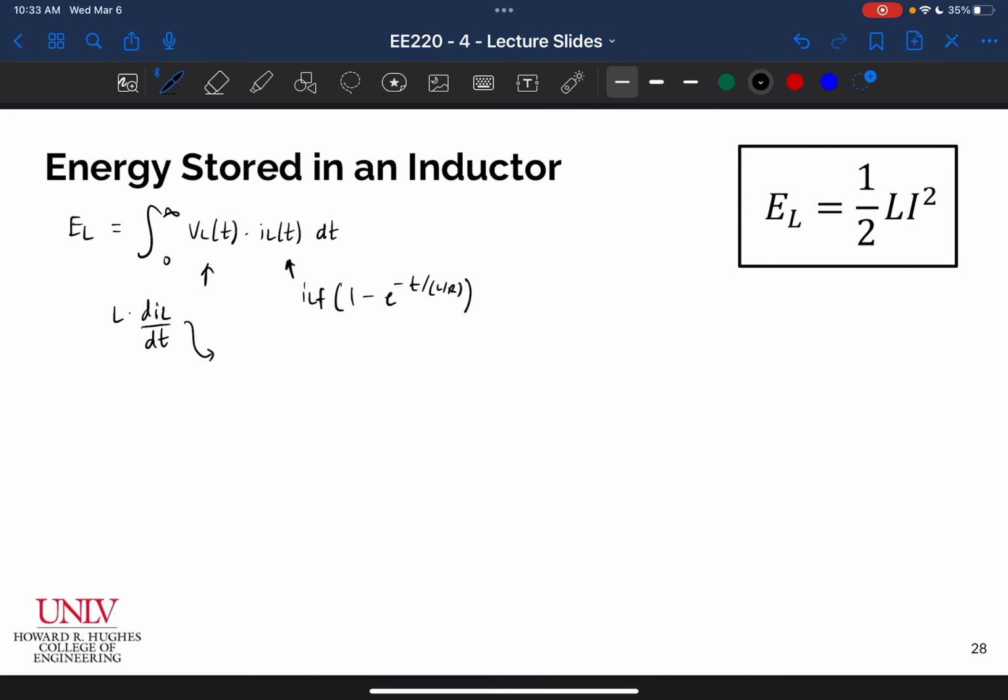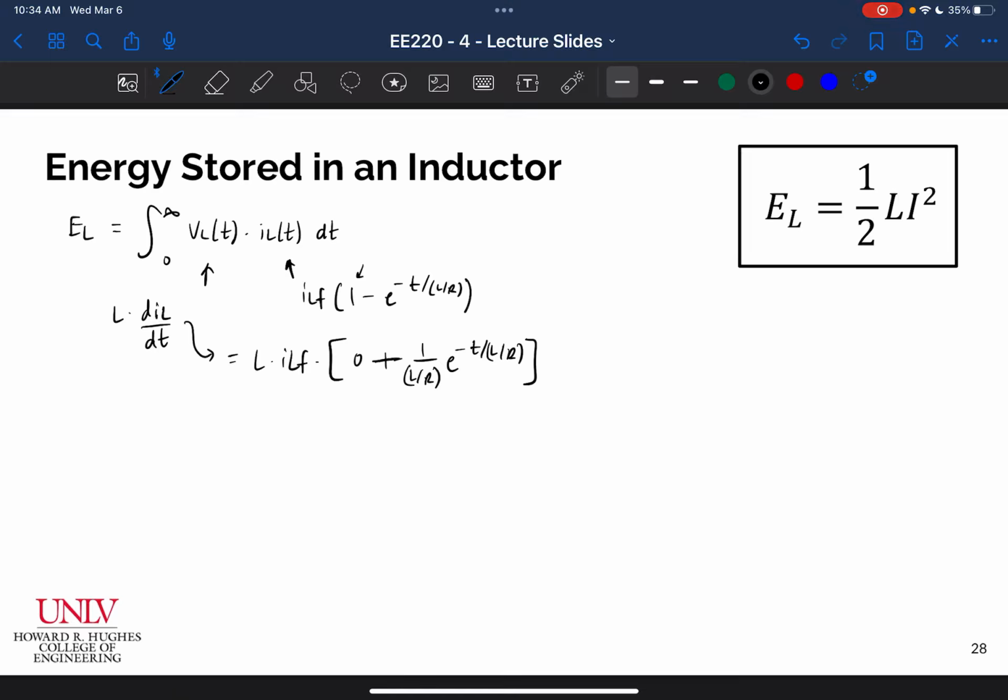That's going to be equal to L times ILF multiplied by, and then I'm going to have a 0, obviously, for this constant term, minus, and then I'm going to have a negative 1 over L over R, e to the minus t over L over R. All right, that's my expression for the derivative.